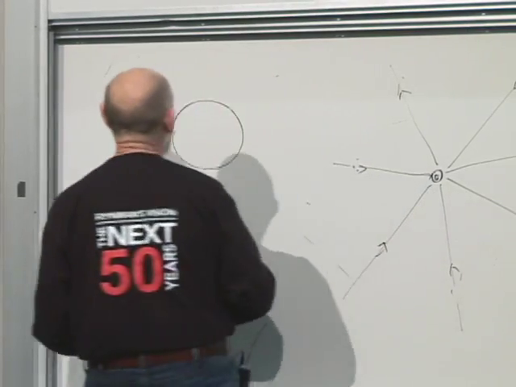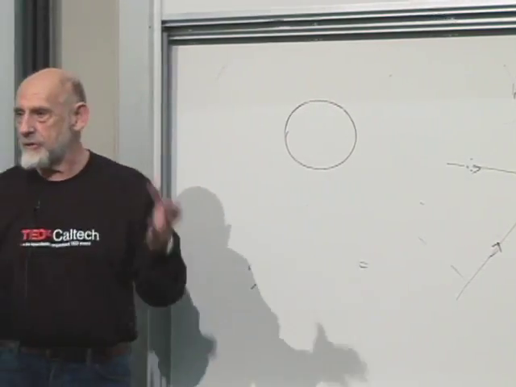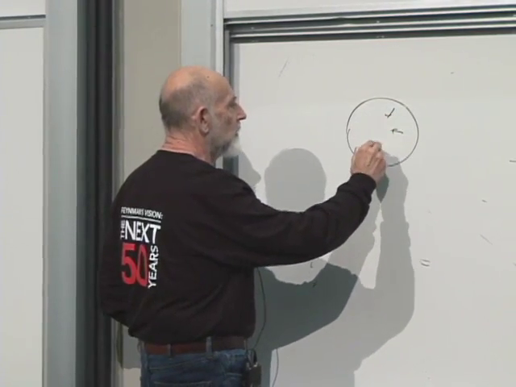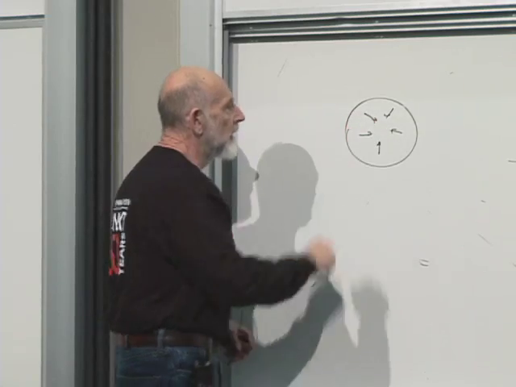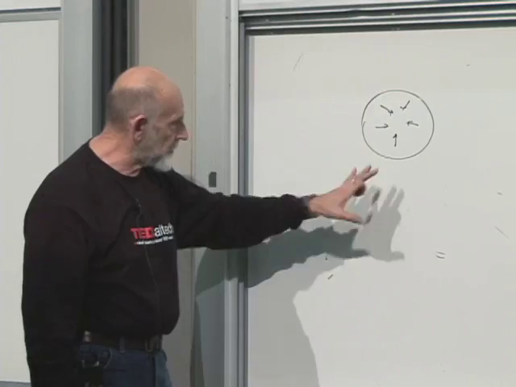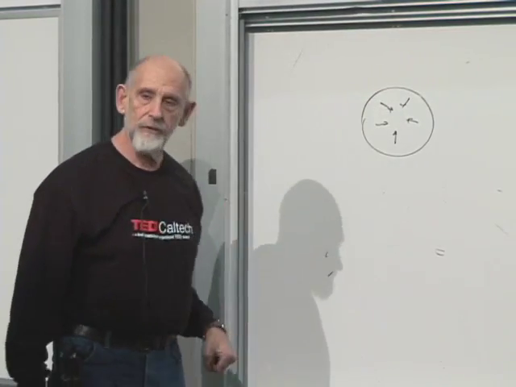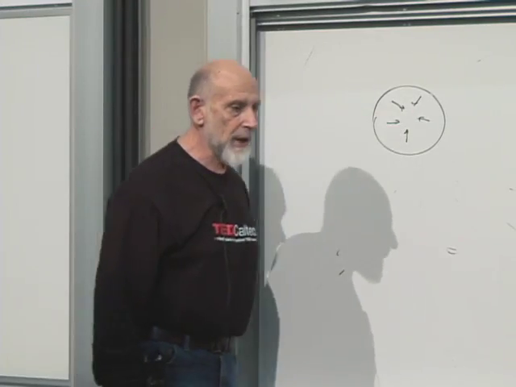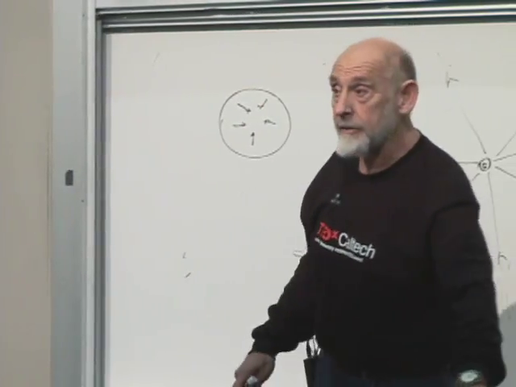Well, you might say it flows radially. By symmetry, it would flow radially. But if there was flow inside the shell, where would it go? There's no mass at the center. I'm assuming all of the mass is on the shell. There's no place for the fluid to go. So if there's no mass at the center, there can't be any radial flow.